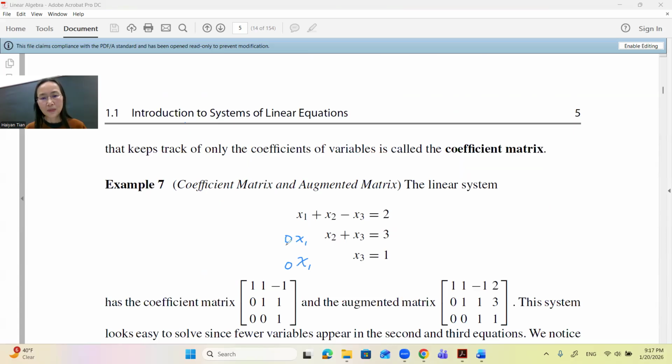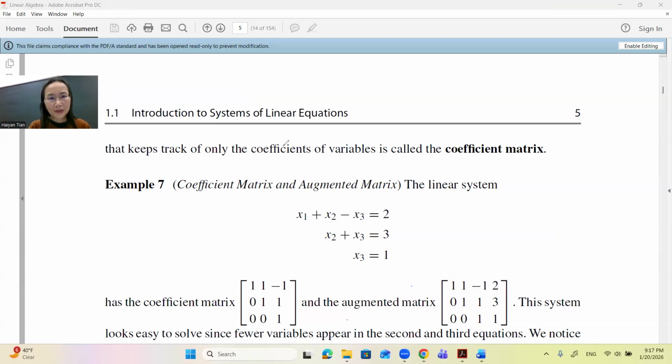And we hope we get a similar situation, that is, we want to eliminate x1 variables from the second and third equations. And afterwards, we can try to eliminate the x2 variable from the third equation. Then we can hopefully get something like that or something similar to that. Okay, let's try.